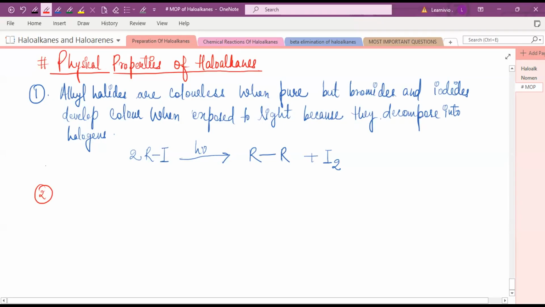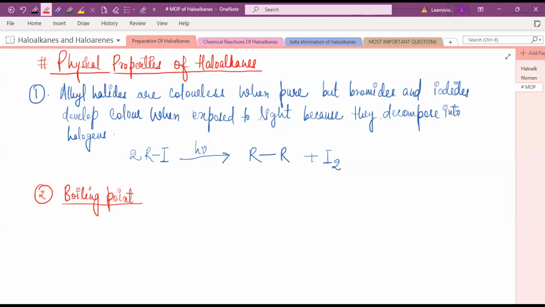Second, your melting point. First, let's talk about the boiling point. Haloalkanes are polar in nature, and their boiling point is greater, because they are made from the parent hydrocarbon part.